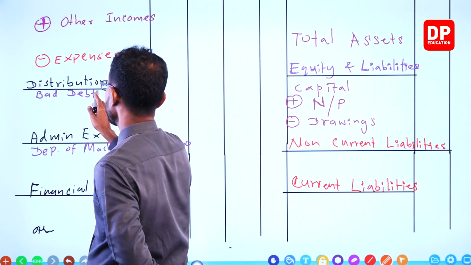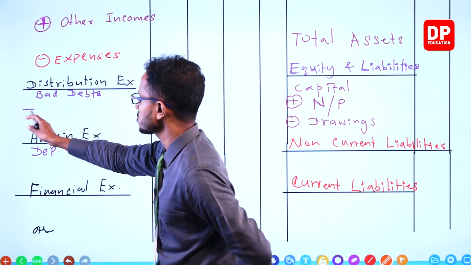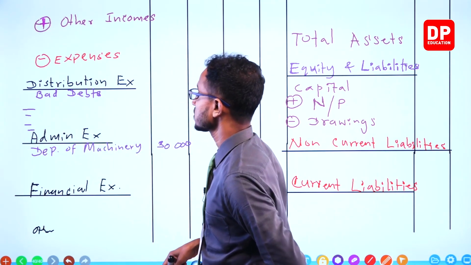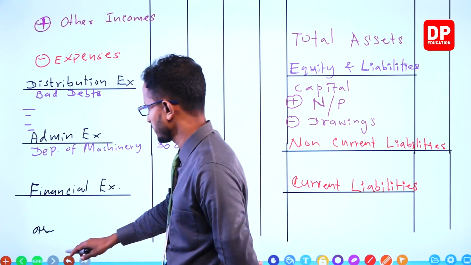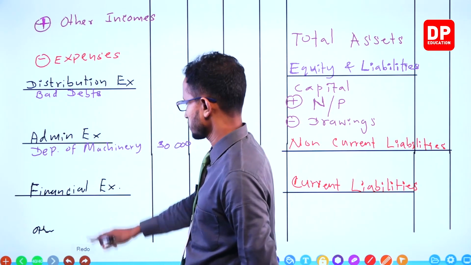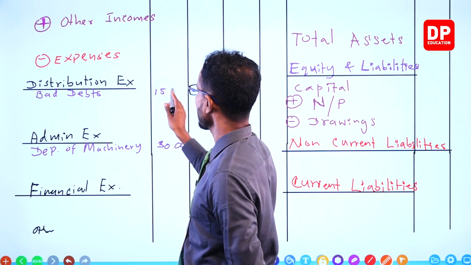I mean, there are many items under distribution expenses. We have small space. See, a very small space. Bad debts, 1,500.